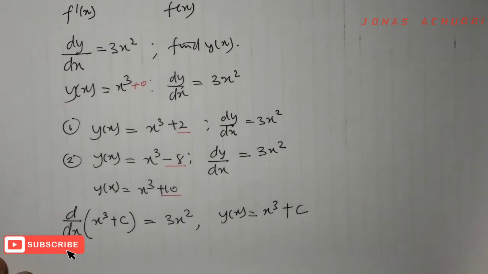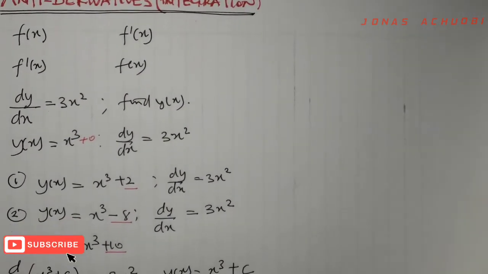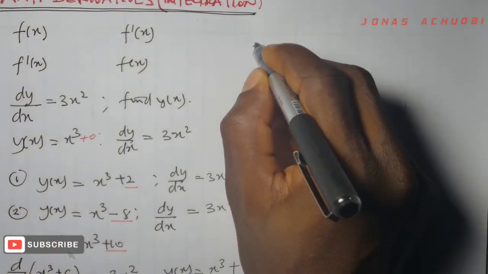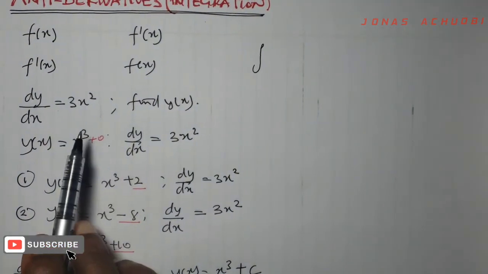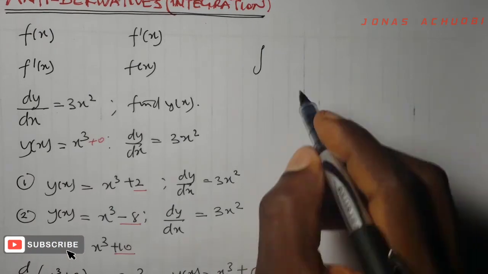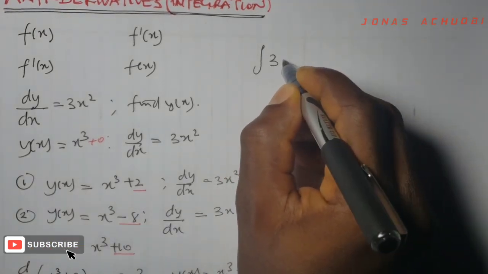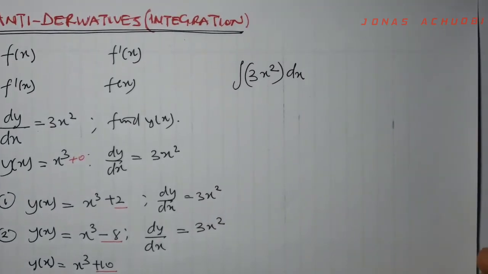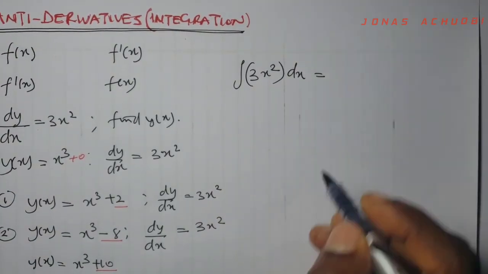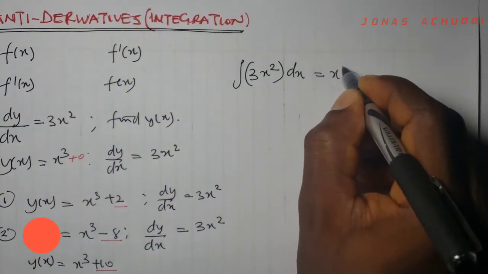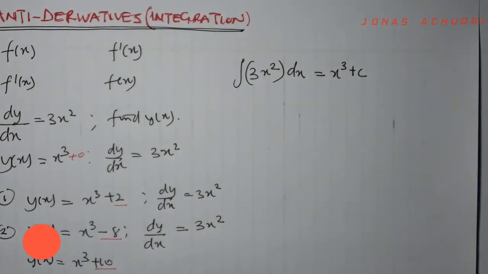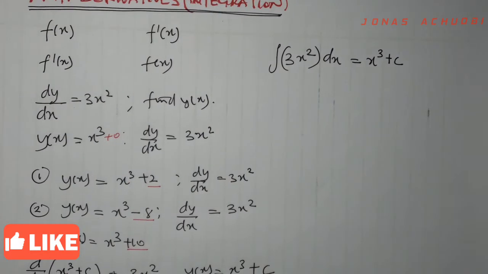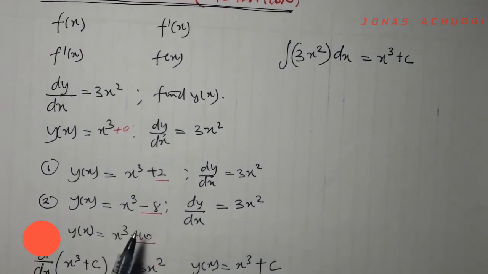So, in terms of notation, we would say that the integral of the function 3x squared, dx, where the dx means with respect to x, is equal to what? x cubed plus c. And I hope the reason why this c appears is obvious from this illustration.